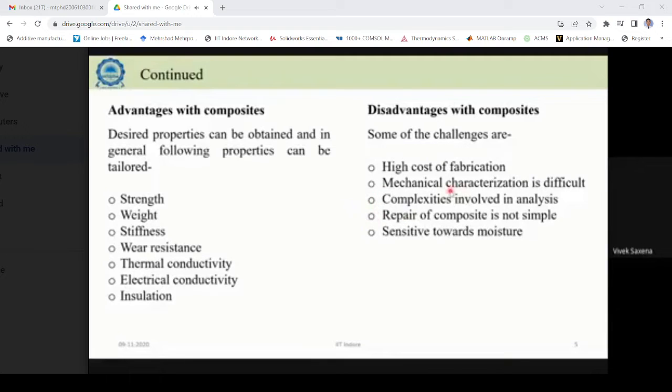So this is one of the challenges that we face in the design of composite materials. Similarly, it has been reported that the repair of composite material is not very simple, and in some cases these materials are sensitive towards environmental parameters like moisture, heat and temperature.